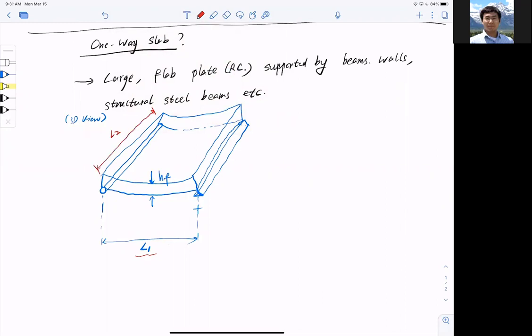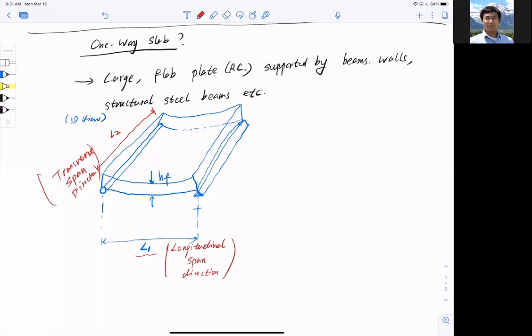So I'm going to call this the longitudinal span direction, and please remember this, and this is the transverse span direction. L2 is transverse, L1 is the longitudinal.